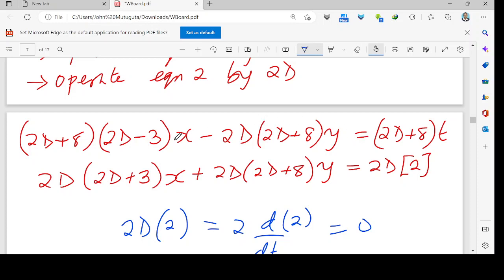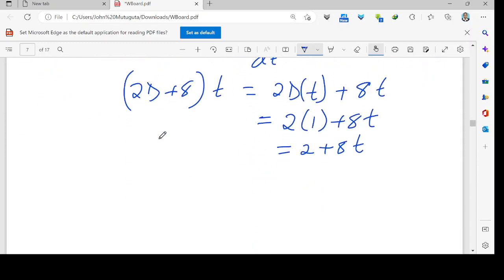So we see that when we expand this, this will be 2d times 2d, which is 4d squared. Then 2d times minus 3, which is minus 6d. 8 times 2d, which is 16d. Then 8 times minus 3, which is minus 24.